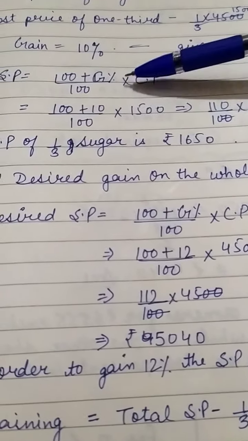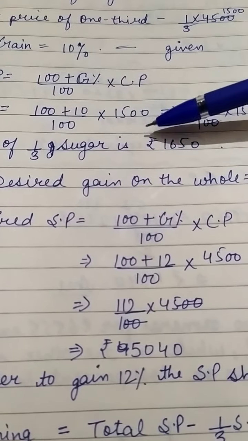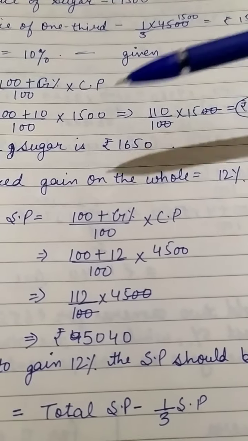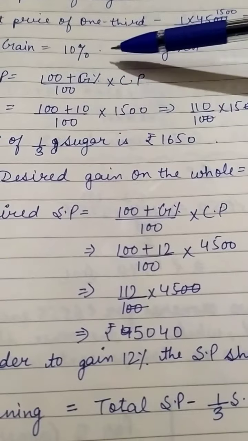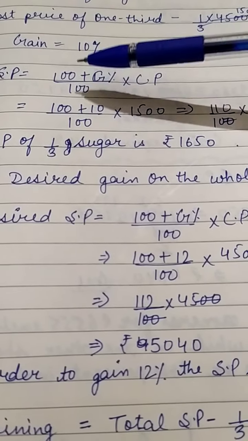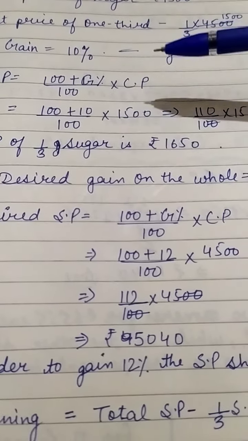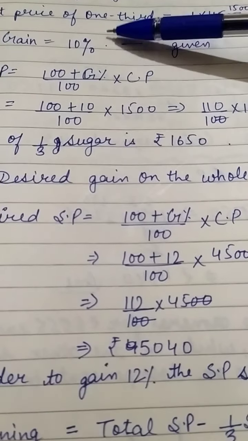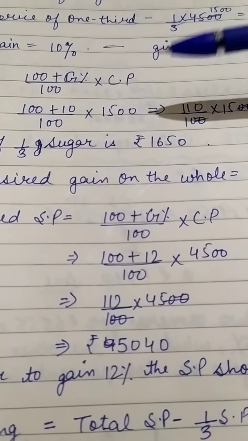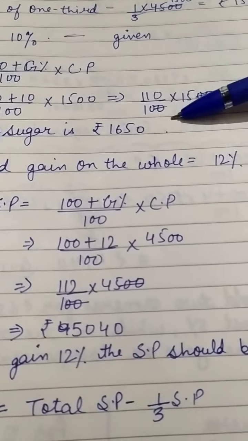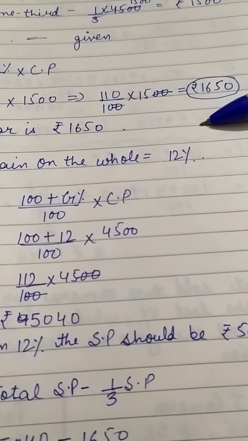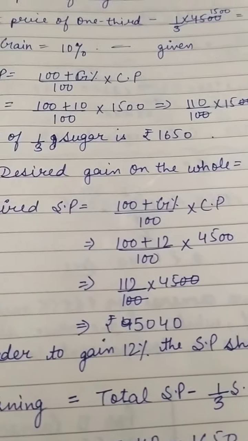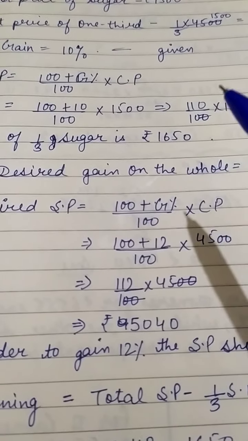So gain is 10% and 1/3 sugar is of 1500. So we put the formula 100 plus gain percent upon 100 into cost price. So 100 plus 10 upon 100 into 1500. Okay, 110 upon 100 into 1500, we have 1650. That is the selling price of 1/3 sugar.